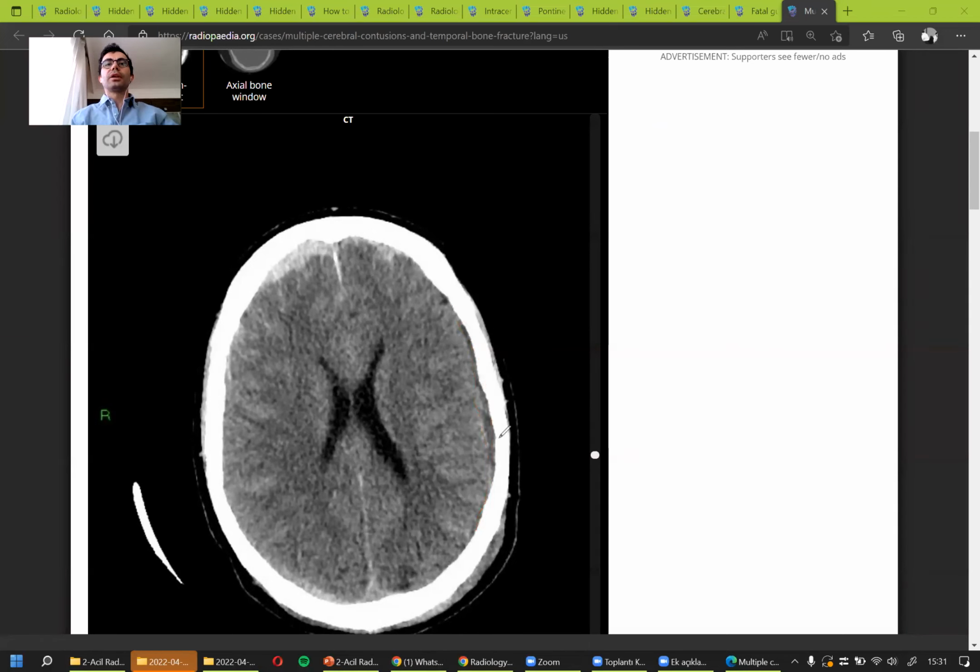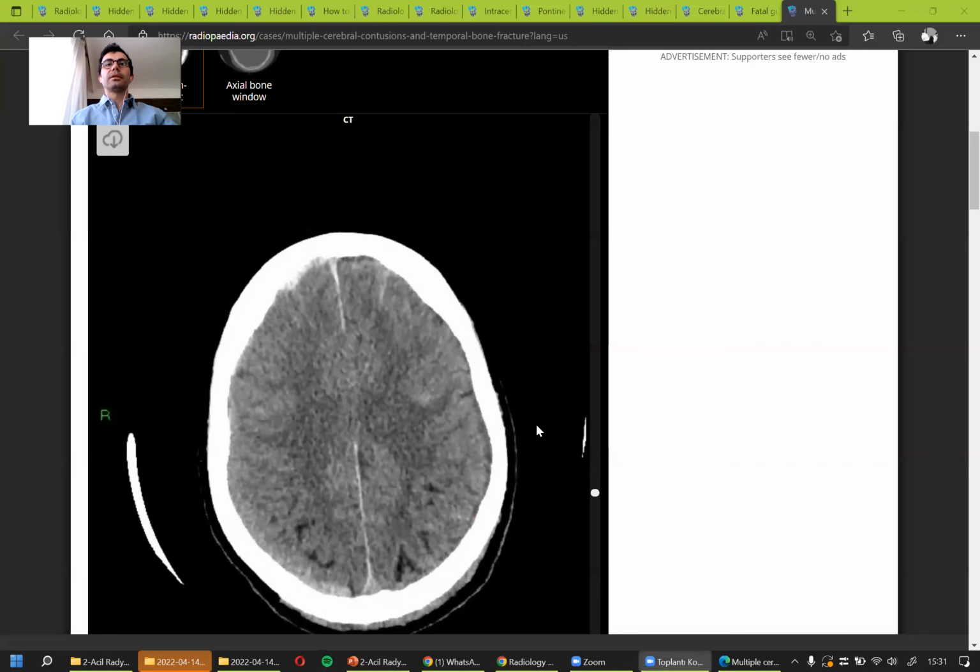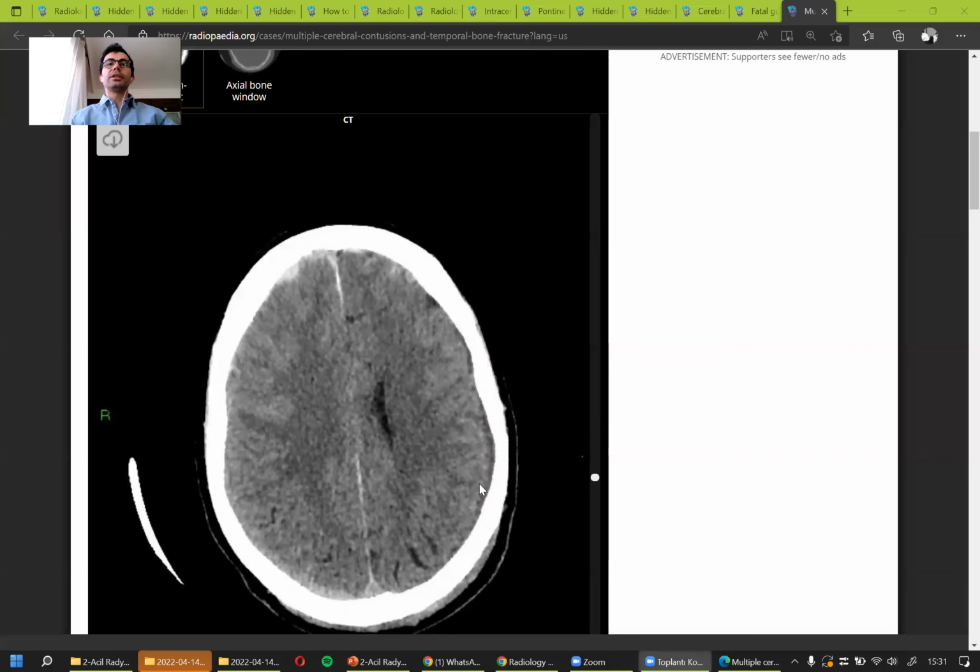This is a subdural collection, for example. The patient has a subdural collection, which is actually not bright. It's a little bit higher than the density of the cerebrospinal fluid. So I can exclude bleeding here. It's not bleeding, but the patient probably has a chronic subdural collection here. I can see that.